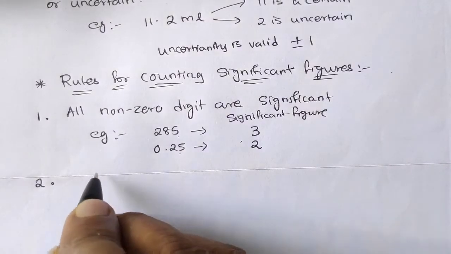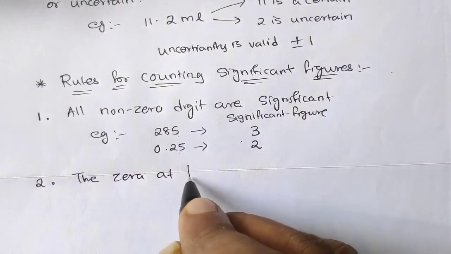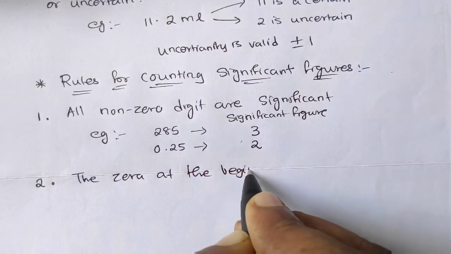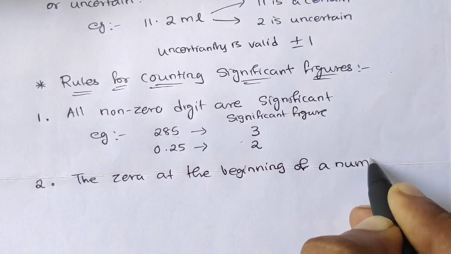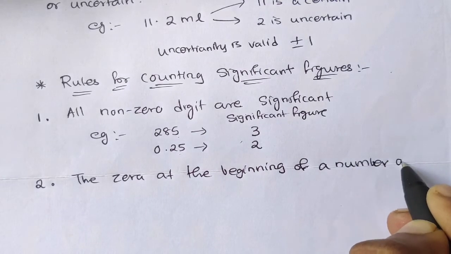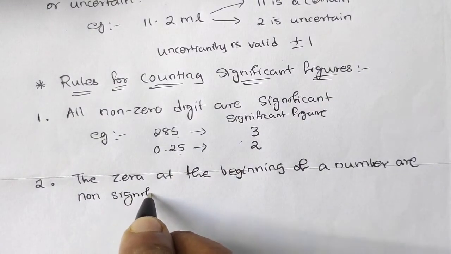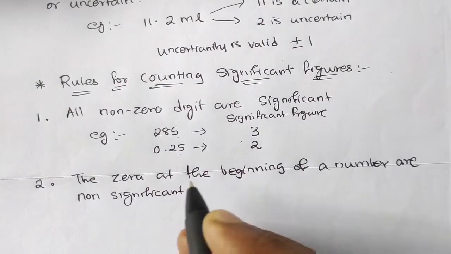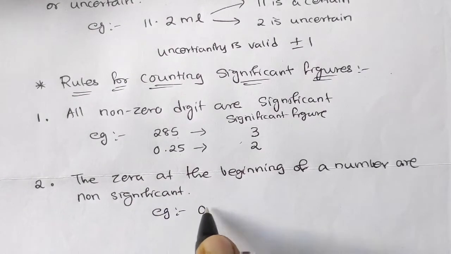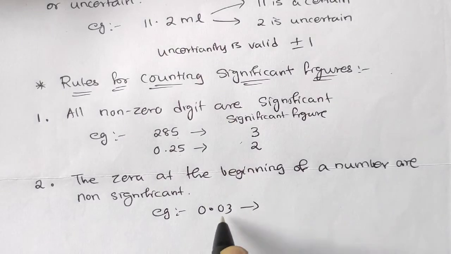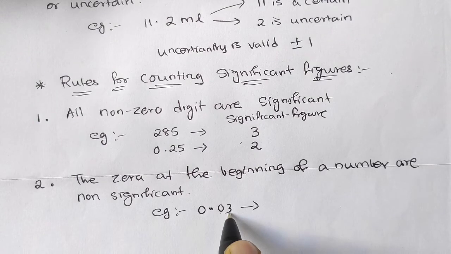Rule number 2: the zeros at the beginning of a number are non-significant. What is the meaning of that? We will understand through an example. Suppose I write 0.03. The zeros here are non-significant, while this 3 is significant.